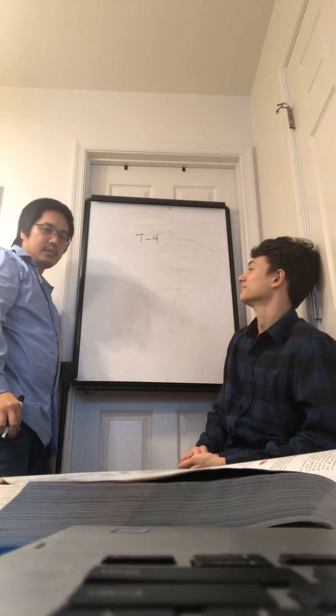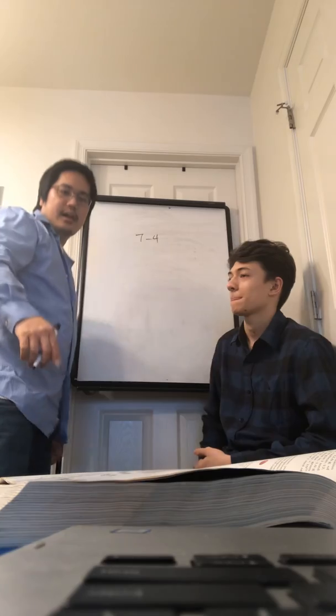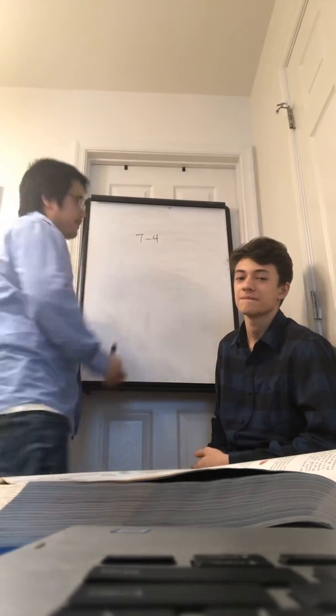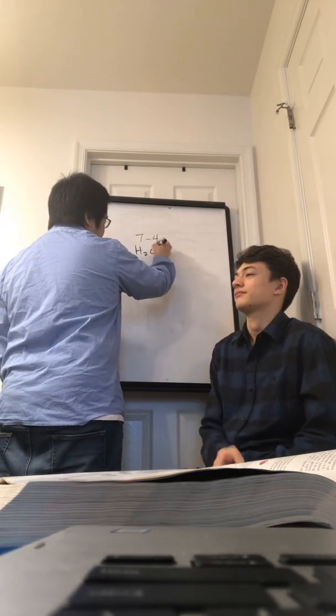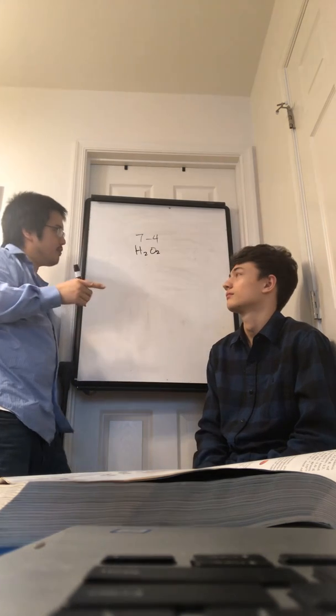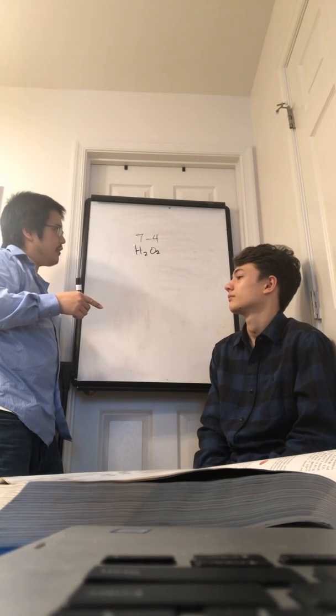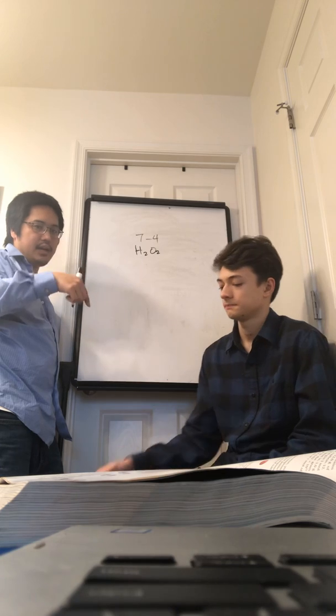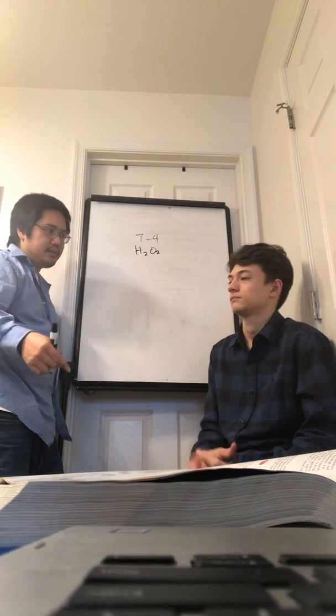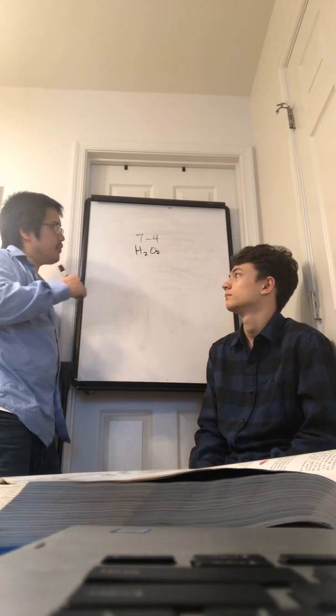So what we're going to do is we have hydrogen peroxide, H2O2. And what we want to figure out is, if I have 1 mole of this, how many grams does that weigh? And basically figure out a conversion factor for that.